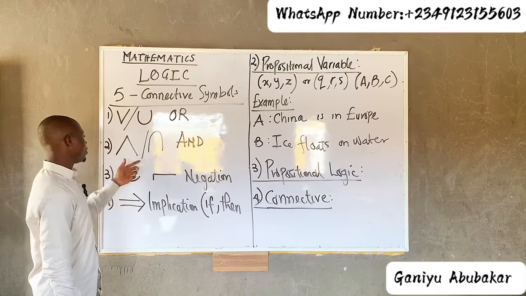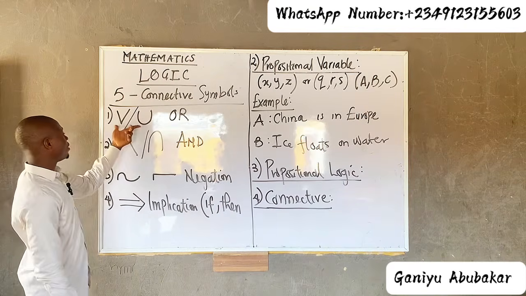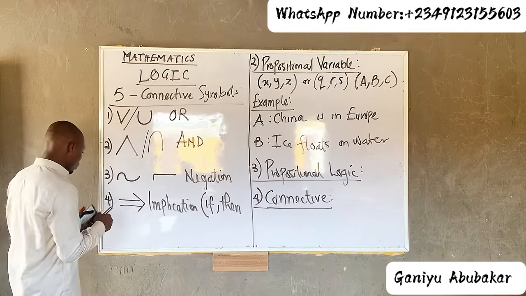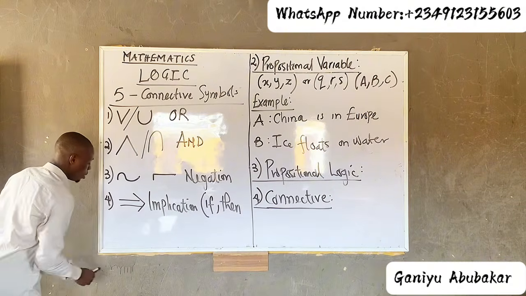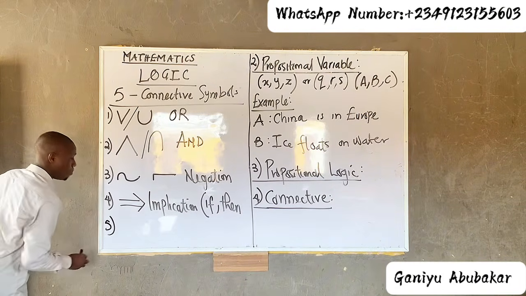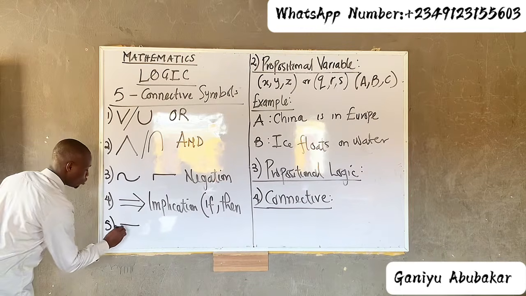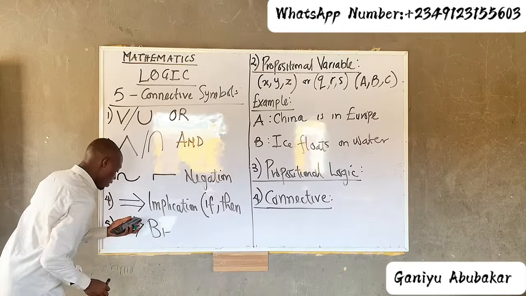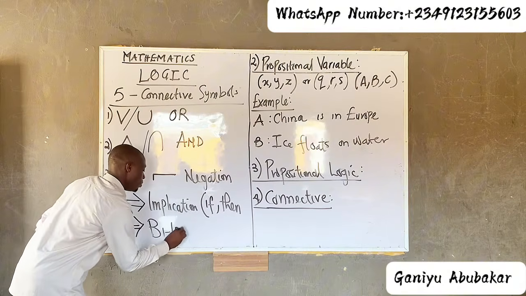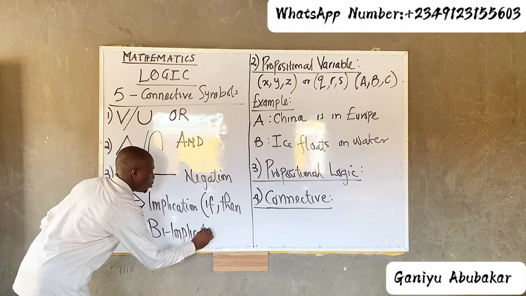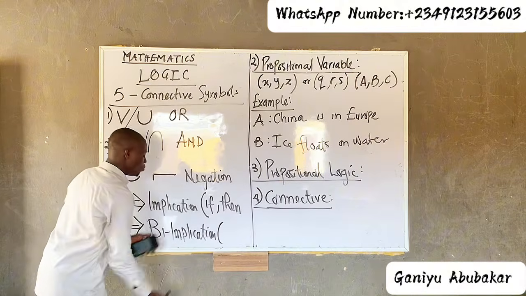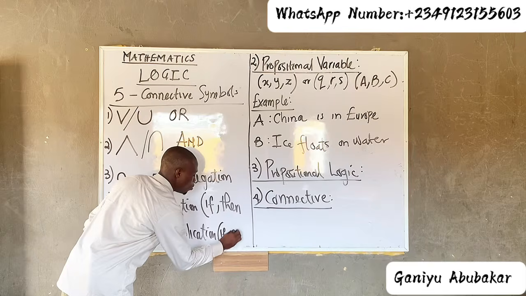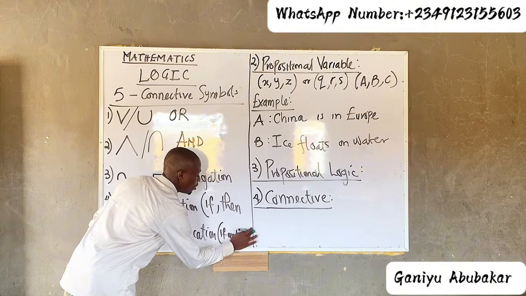The final one is called biimplication, which is something of this nature. This is called biimplication, which means if and only if.